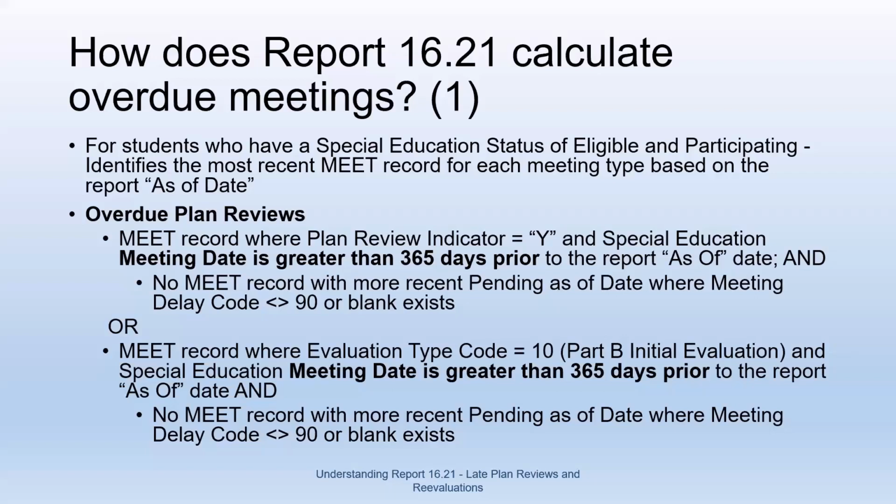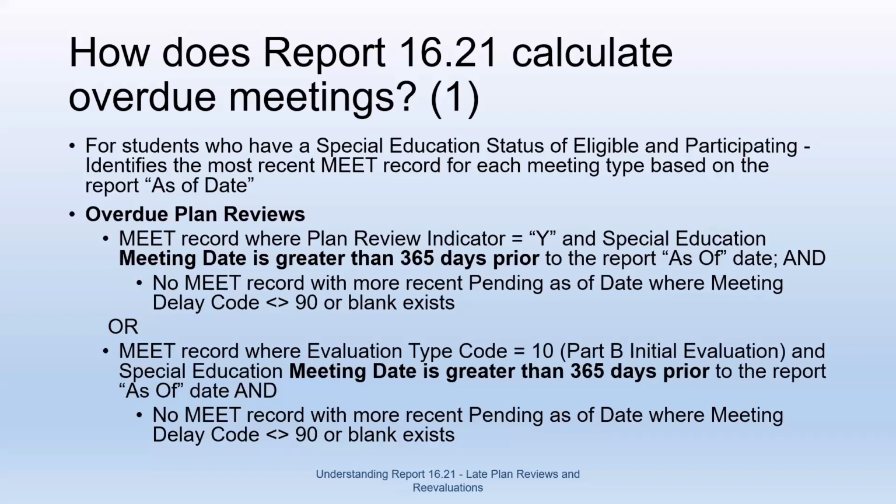And then for overdue plan reviews, it's looking for a meeting record where the plan review indicator is yes. If the plan review indicator is yes in that record, it means their annual plan review occurred during that meeting. And the special education meeting date in that record is greater than 365 days prior to the report as of date, whatever date you select for the as of date in that report.